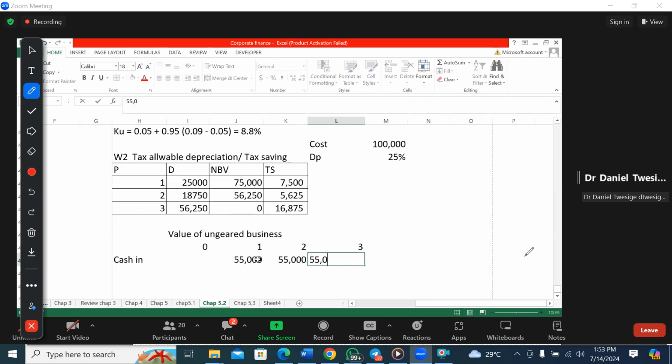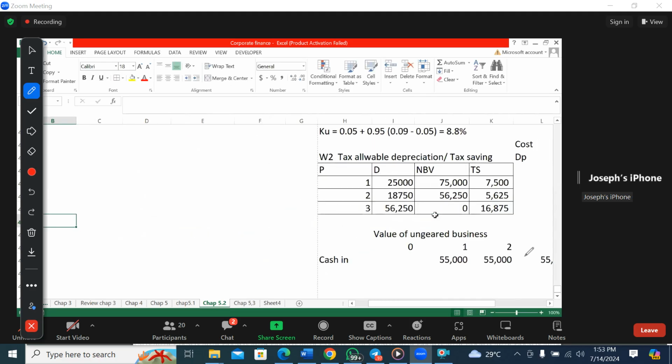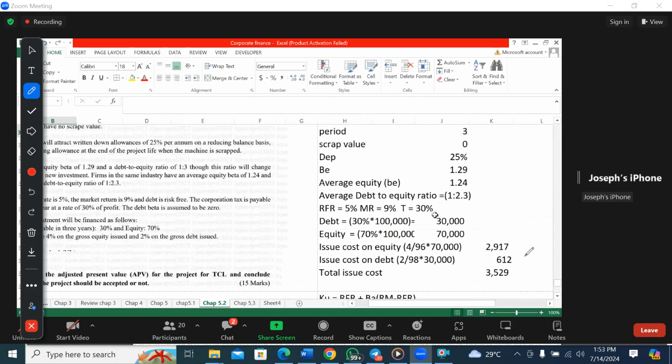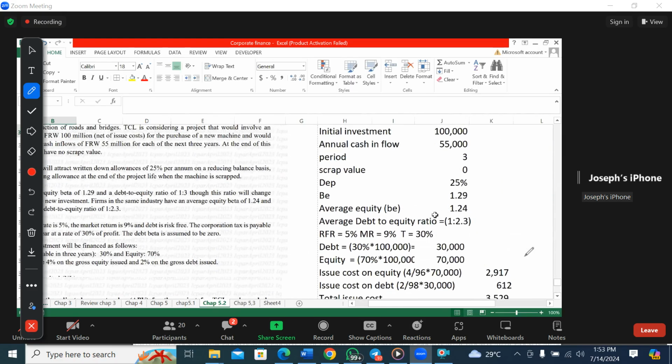These 55, have they already charged the tax? Because they gave us as cash inflows. In the third year on that asset, we are going to calculate the tax saving on the depreciation of third year.